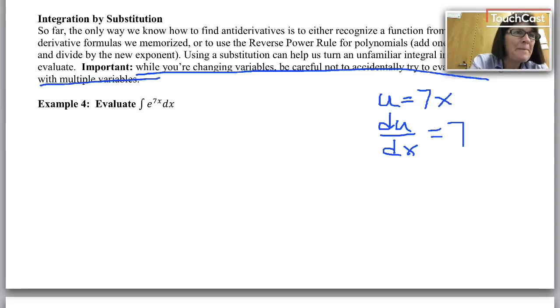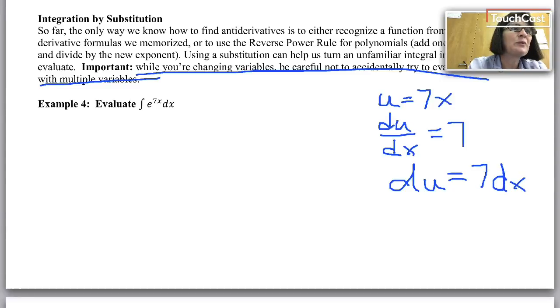So you can sort of imagine this. du and dx are what we call differentials. Imagine multiplying both sides by dx, and du is going to equal 7 dx. Some people like to write that as their first step. I'm showing you in a couple different steps. My recommendation at this point is to try to solve this expression for dx. Try to isolate the dx.